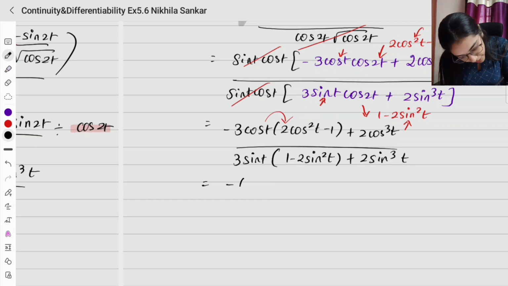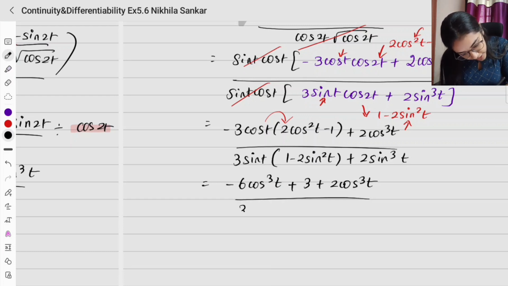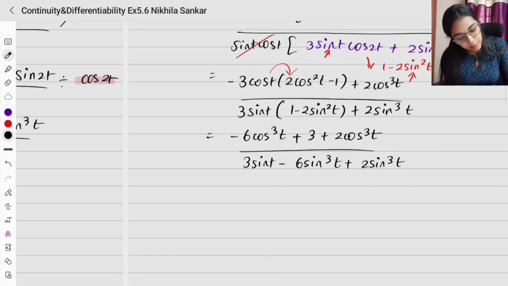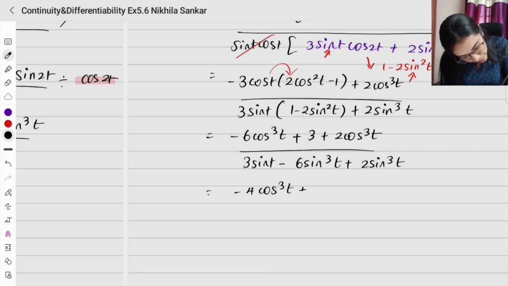So I'll have minus 6 cos cube t plus 3 cos t plus 2 cos cube t, divided by, in the denominator, 3 sin t minus 6 sin cube t plus 2 sin cube t. Now minus 6 cos cube t plus 2 cos cube t becomes minus 4 cos cube t.